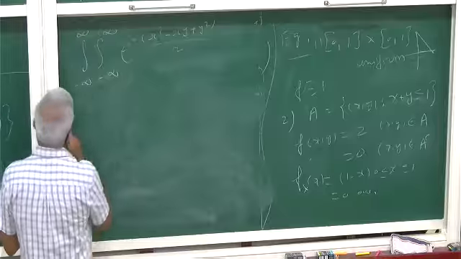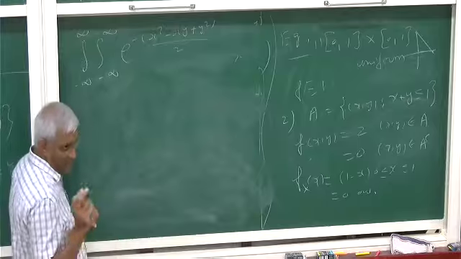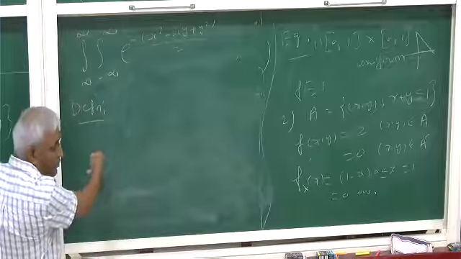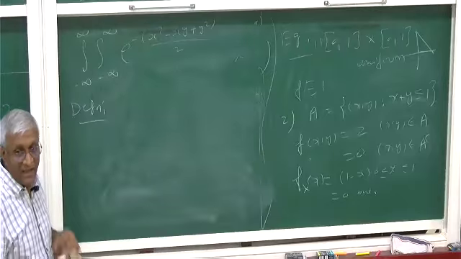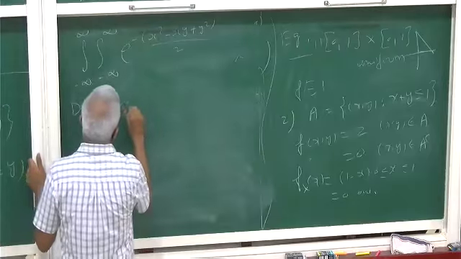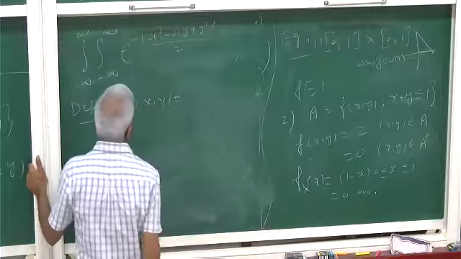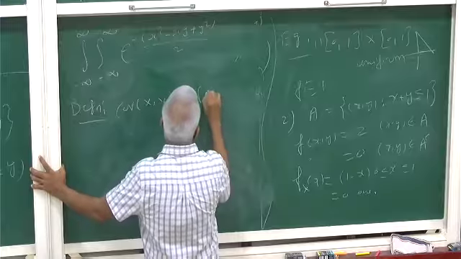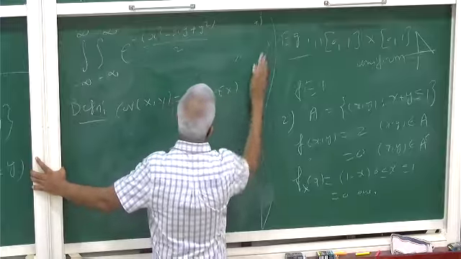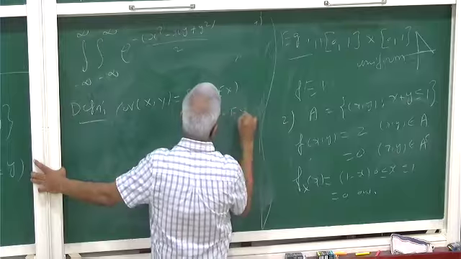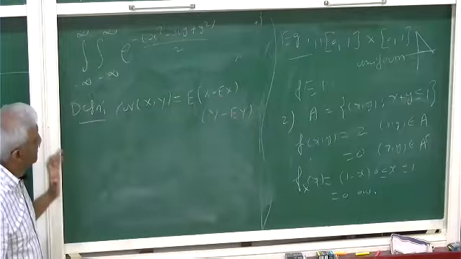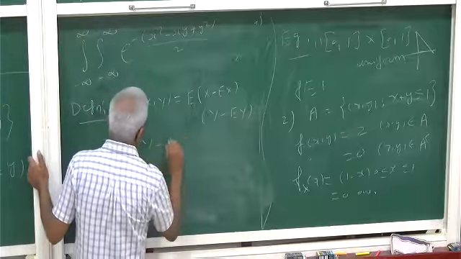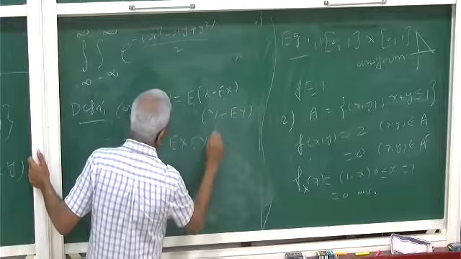That's number 1. Now I define what is called covariance. Covariance of xy is E of (x minus EX) times (y minus EY), which is the same as E of xy minus E of x times E of y.